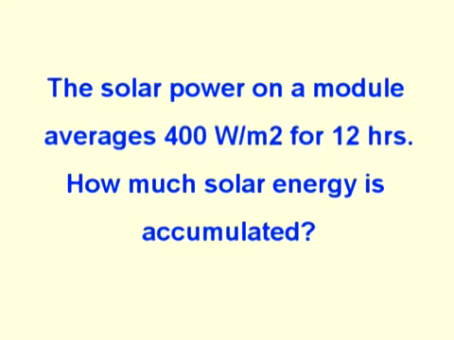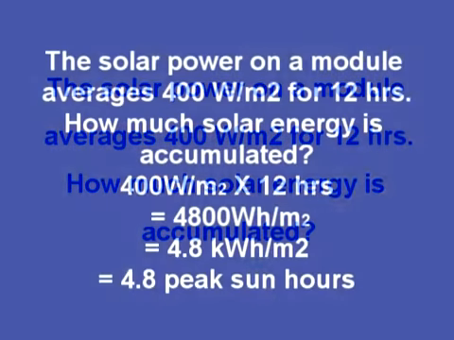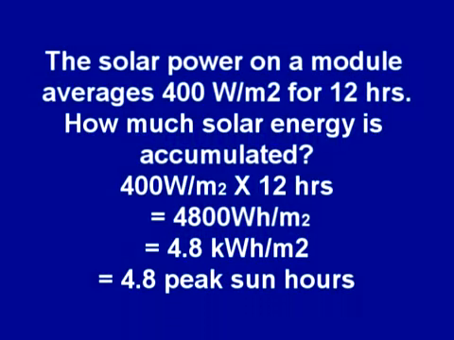Here are some sample calculations that show how to use the estimated amount of insolation to calculate the power output from a PV array. If the solar power on a module averages 400 watts per meter squared for 12 hours, how much solar energy is accumulated? Multiply 400 watts per meter squared times the 12 hours of sun.